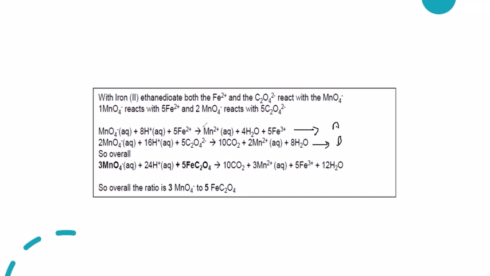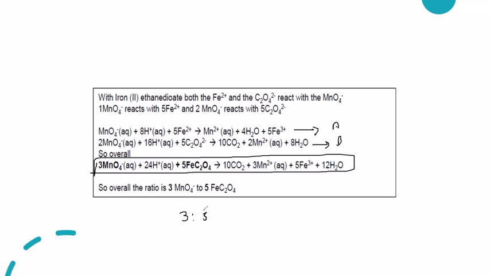Electrons are not there because these are the full equations, not the half equations. So if we add the two equations, this will be our final equation, which shows that the overall ratio between the manganate ion to iron 2 and ethane dioate will be 3:5.